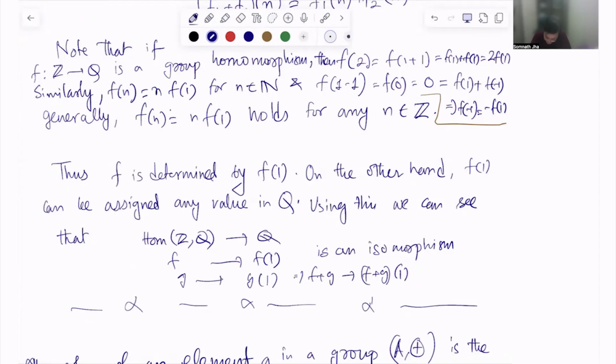And if you think for a moment, this will be surjective. And if f of 1 is 0, then f is identically 0. So this says that, if f of 1 can be assigned any value, then this map, let's give it a name, phi.